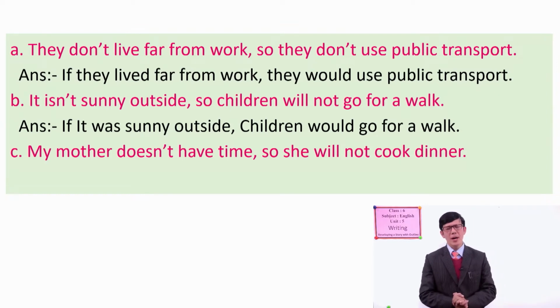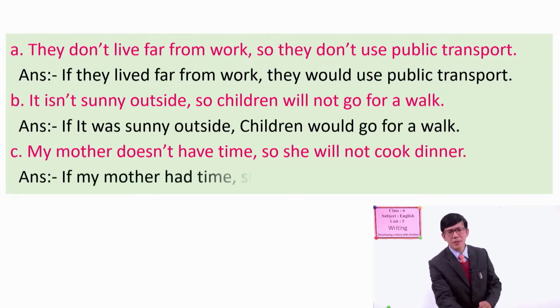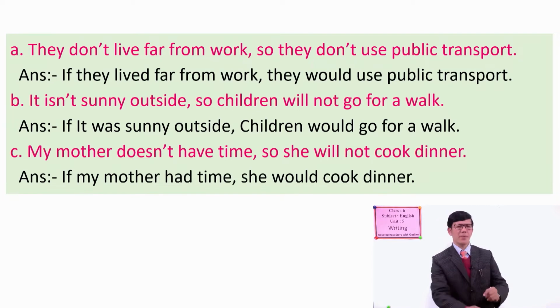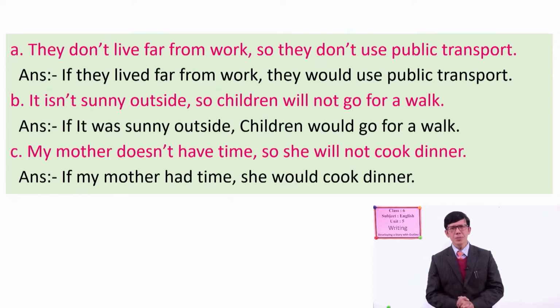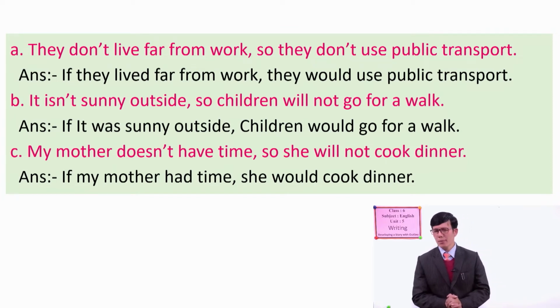My mother doesn't have time. So how do you change it? If my mother had time, and in the main clause, she would cook dinner. Okay, if my mother had time, she would cook dinner.